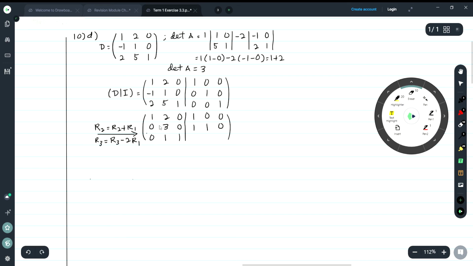R1 is 2. So 5 minus 2 times 2 is 4. So 5 minus 4 is 1. Okay, how do we get this negative 2? From R3 minus 2R1. R3 is 0, we need to refer to the previous augmented matrix. So 0 minus 2R1 is negative 2.